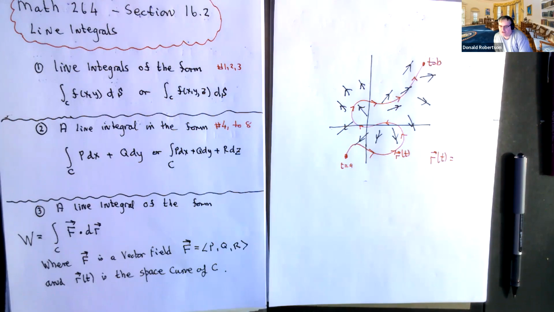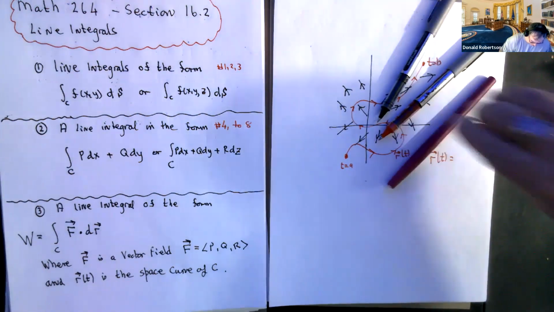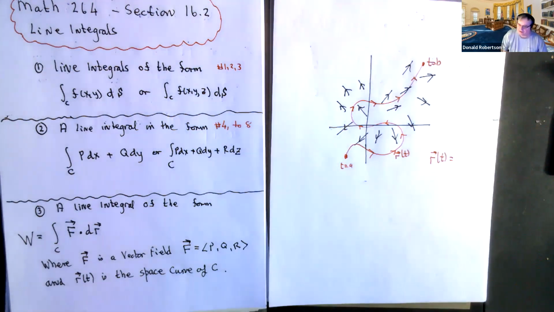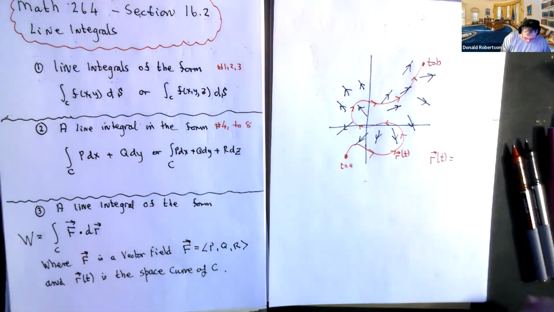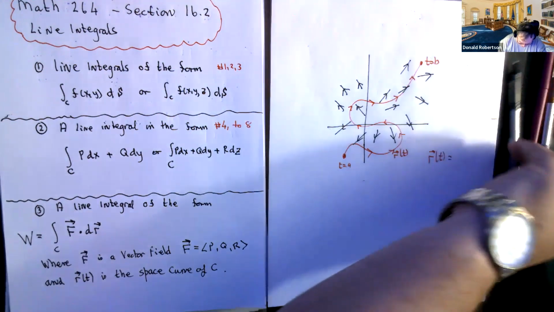Imagine all the vectors were going this way, pushing against me. That work done would be a lot, right? Now, occasionally I might get some help because the vectors are behind me, giving me a little shove. So I won't be doing any work there. In fact, I might be picking up some speed, and that's good. In the other direction, they are working against me. So that is what this does.